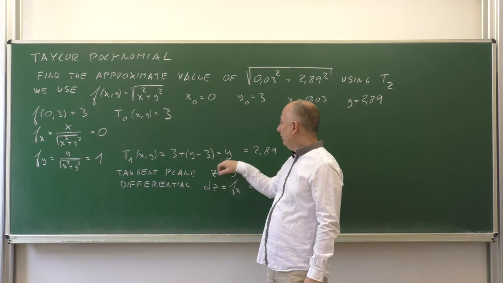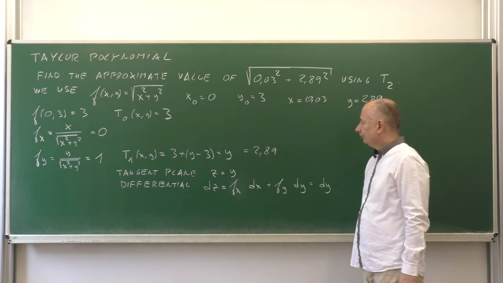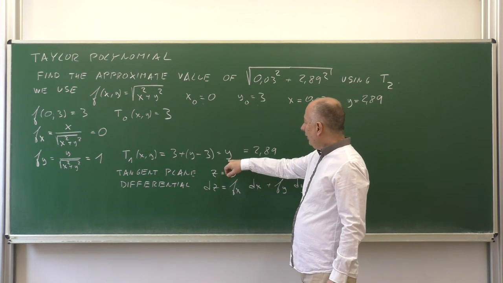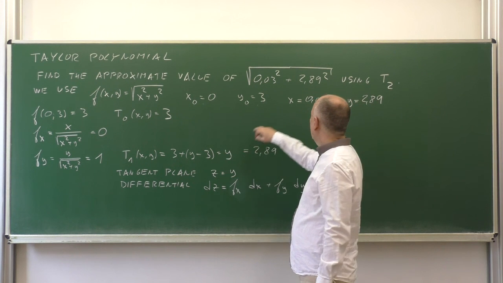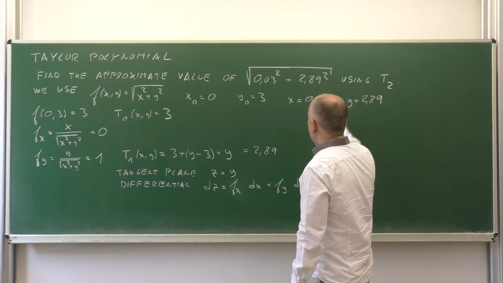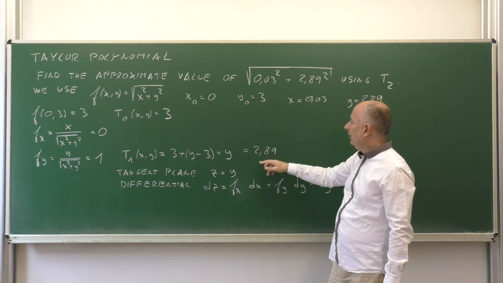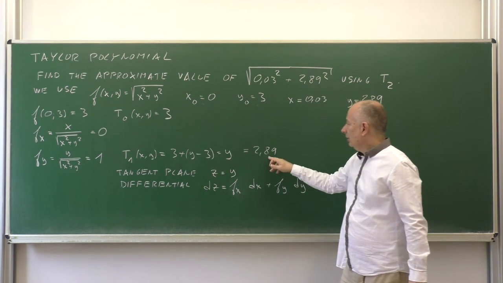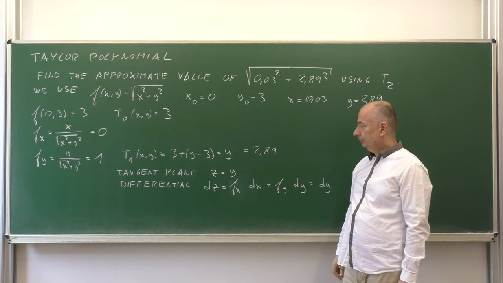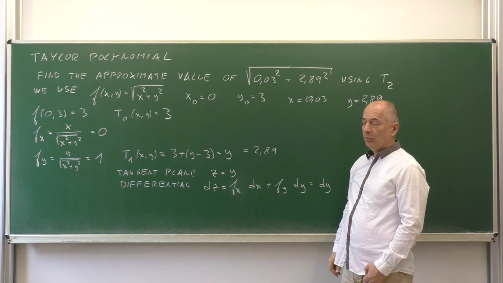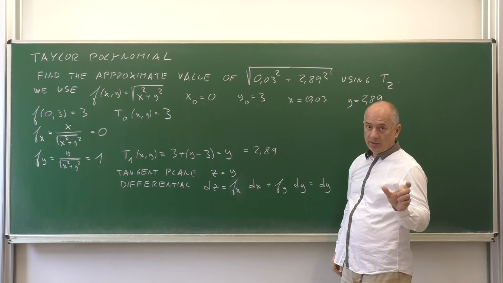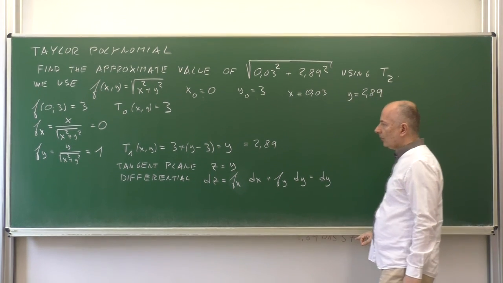And this can be simplified to y alone. When we evaluate T1 at the point x, y, we get a better approximation of this number, namely not 3, but rather 2.89. At the end, we will compare these approximations with the exact value.